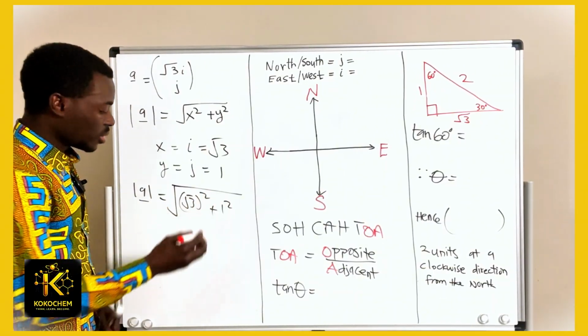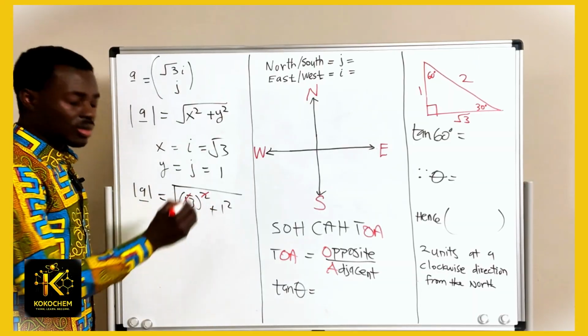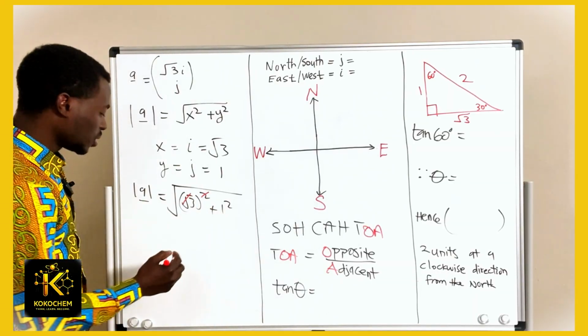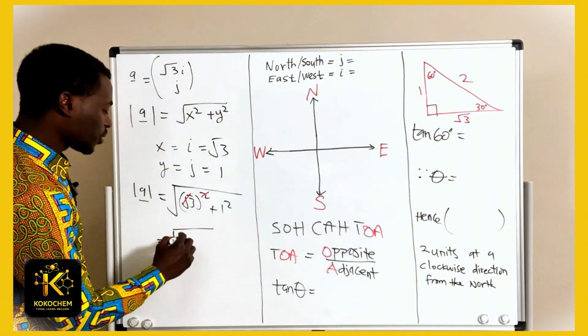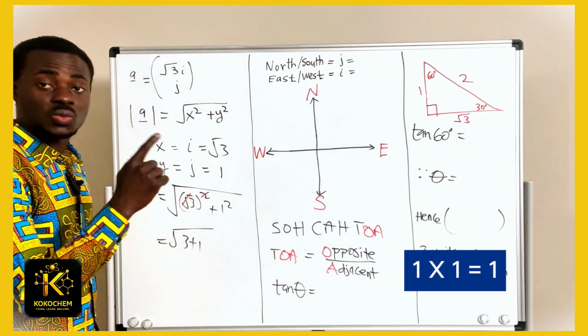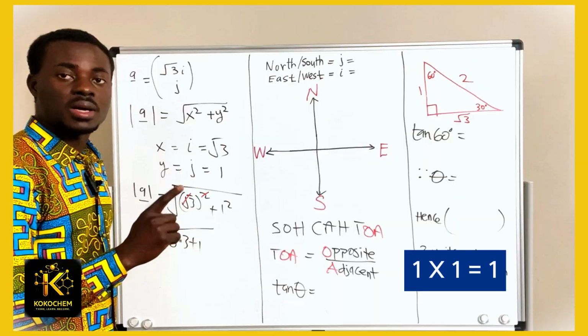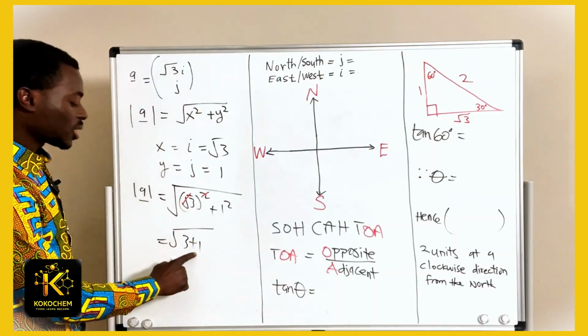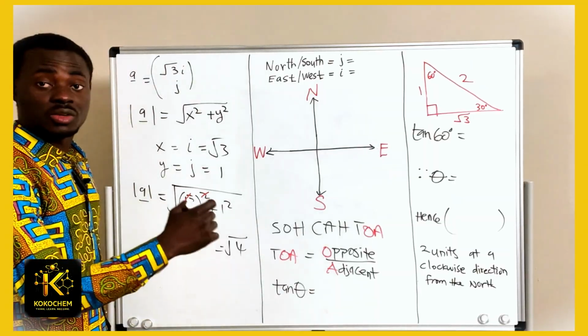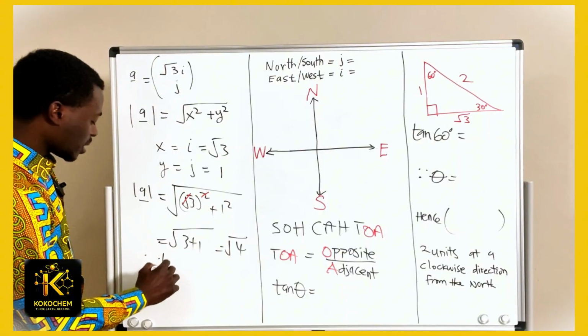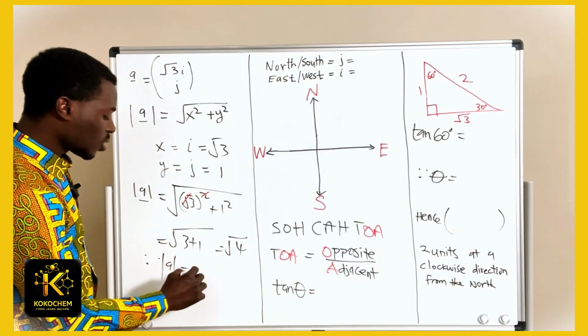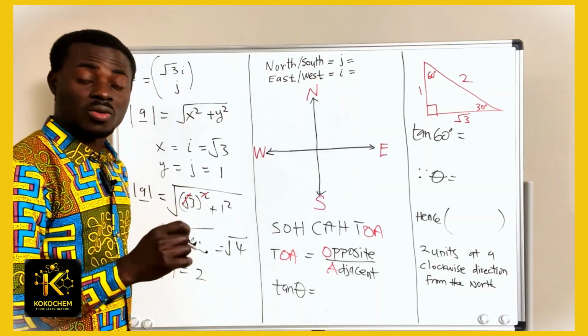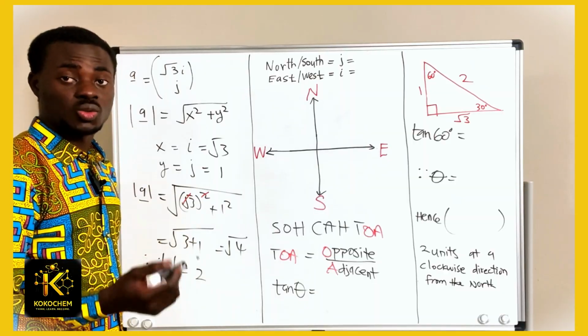Root 3 squared is root 3 times root 3, which is 3, plus 1 because 1 squared is 1 times 1. 3 plus 1 is 4, the square root of 4. Therefore, the magnitude of A is equal to 2.